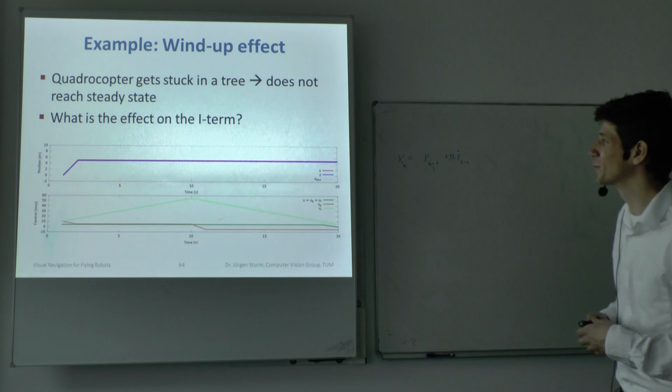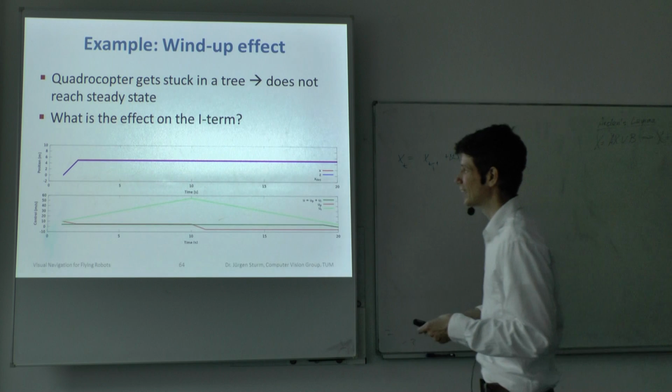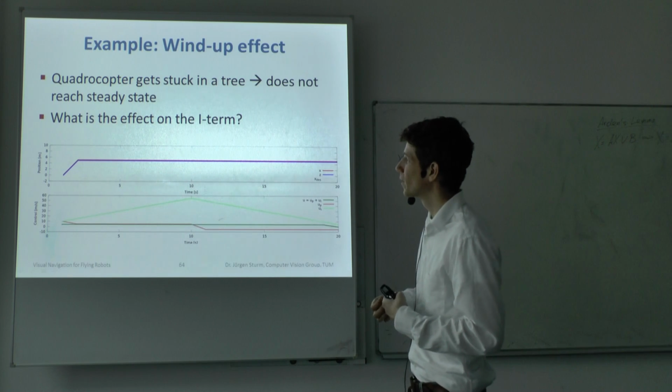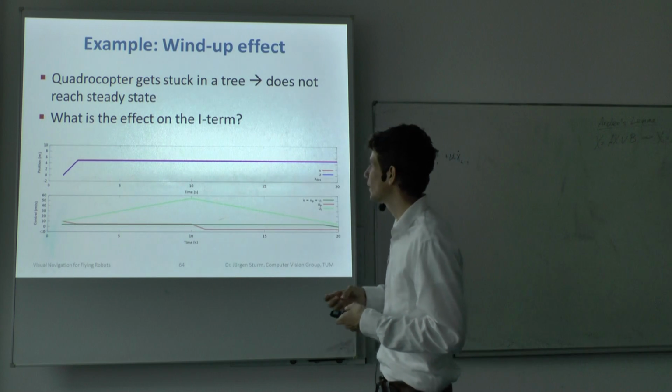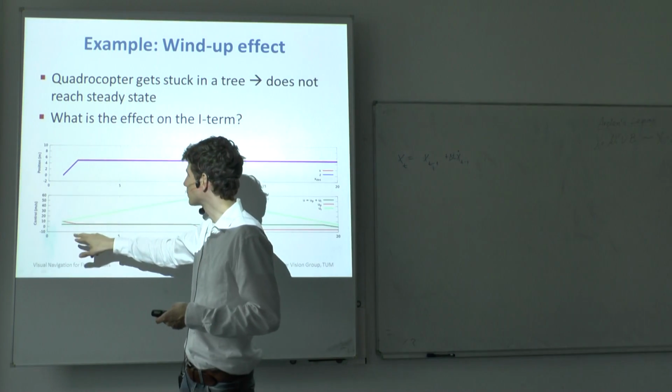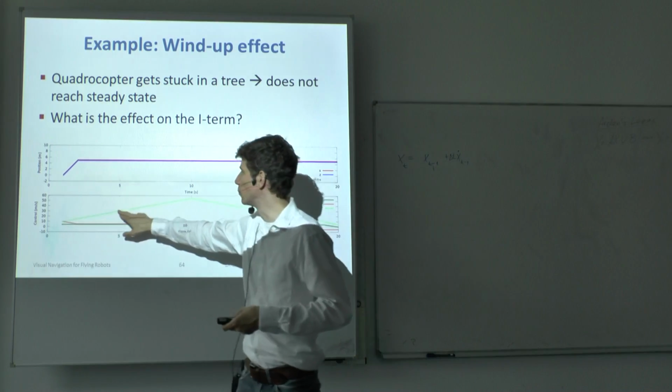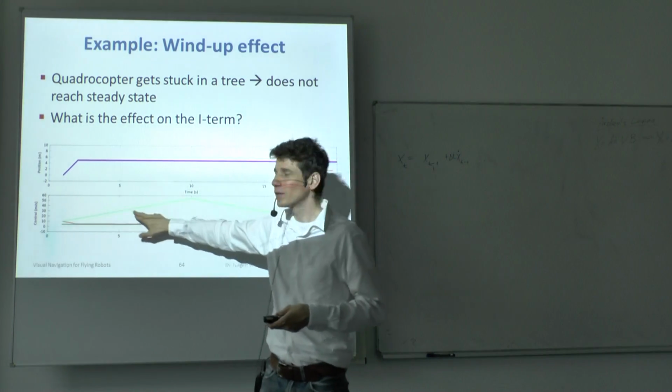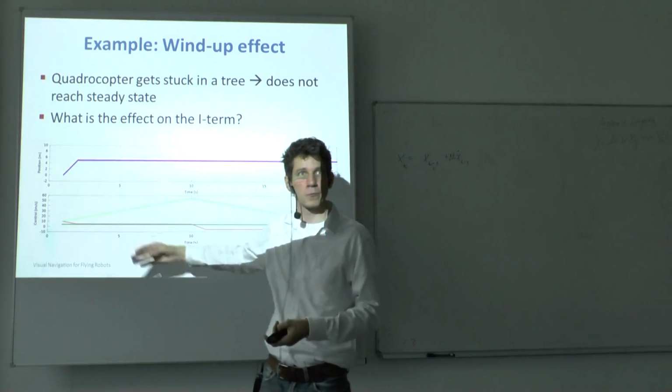That I'll demonstrate here. Again, we want to move somewhere, but we can't get there, so we get stuck here, and this means that this integral part will grow larger and larger, but our system is saturated for some reason.